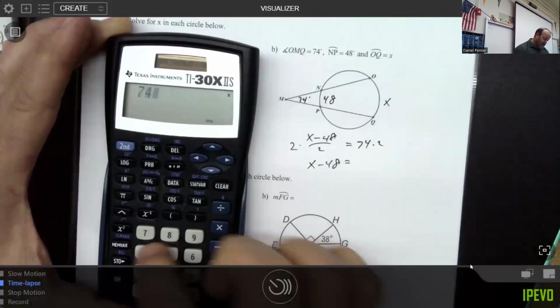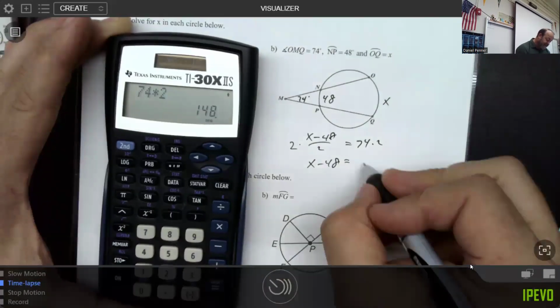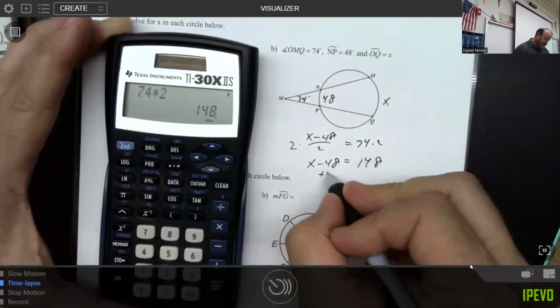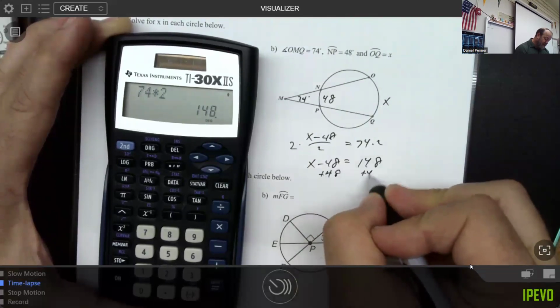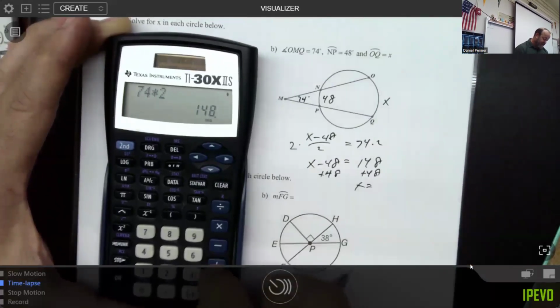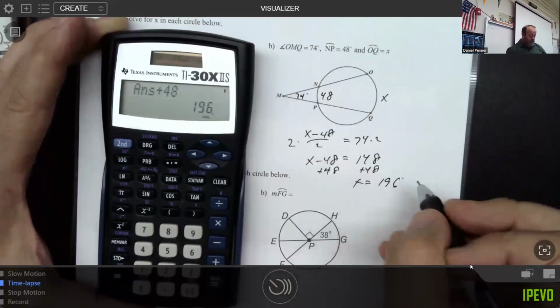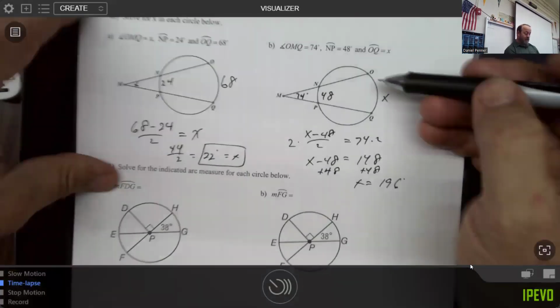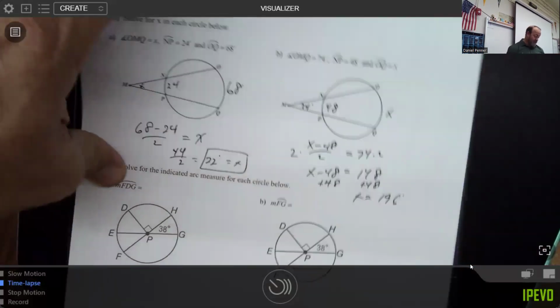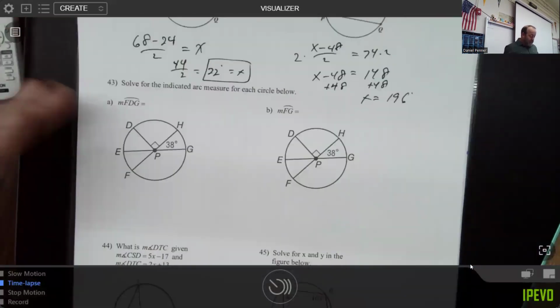And of course, 74 times 2 is 148. And then all we need to do is add that 48 to both sides, and then x would be 196, which is a little interesting. I guess this one should have been a major arc and therefore should have had 3 letters. But moving on.